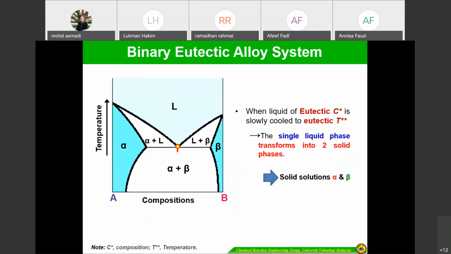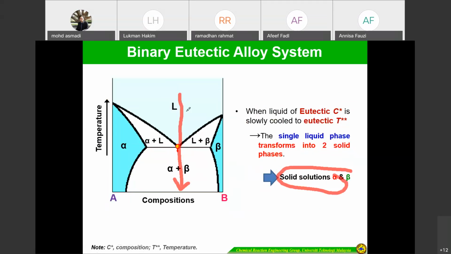When liquid of eutectic composition is slowly cooled to the eutectic temperature, the single liquid phase transforms into two solid phases. When cooling, this is the liquid phase, and then 100% solid solution of alpha and beta. If you reverse the direction, this is solidification, and this one is liquefaction.